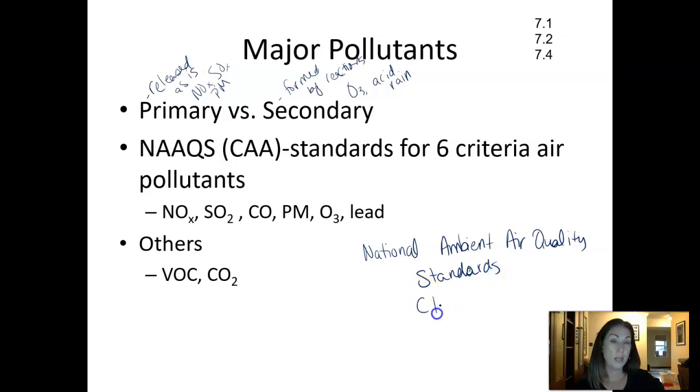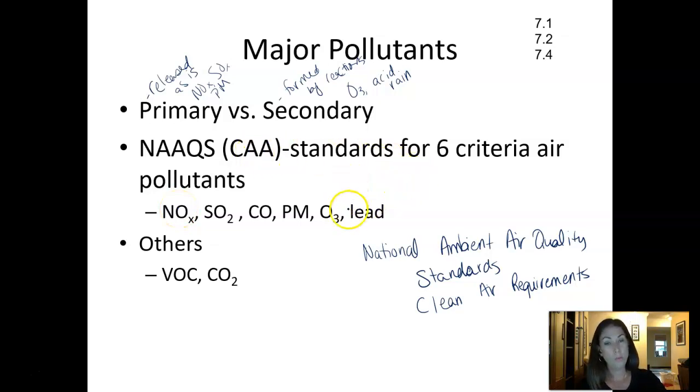So the Clean Air Act sets minimum requirements for human health. And really, probably a better way to say that is it sets maximum levels of safe quantities of these pollutants in our air. So it will set limits, and if you go over that limit, you are in violation of the NAAQS.